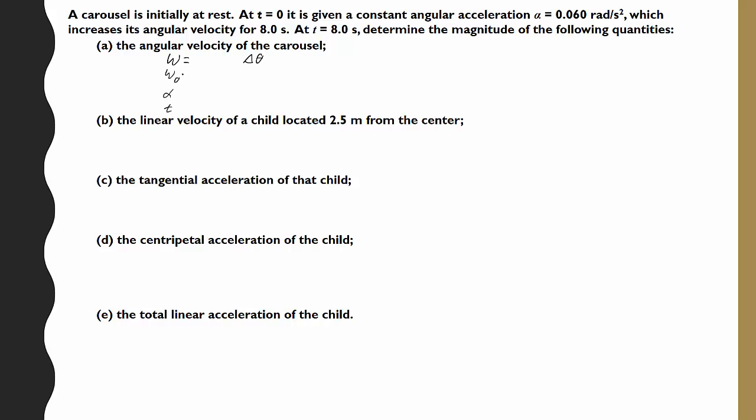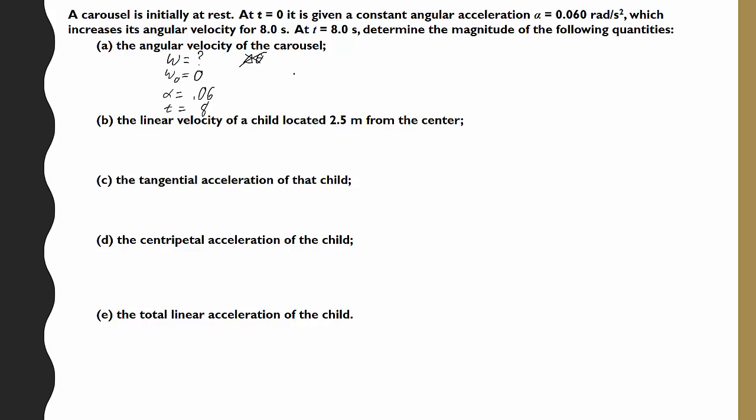In this case, the things I know are the initial velocity is 0. I'm given the acceleration is 0.06 radians per second squared. I'm given that time is 8 seconds, and I want to find the angular velocity, and this one here I don't even care about.